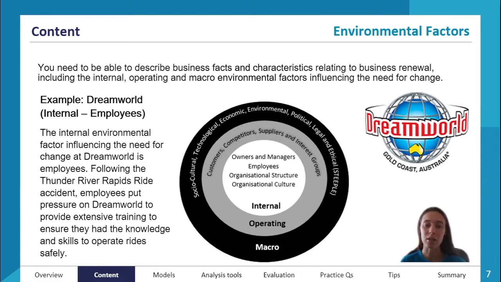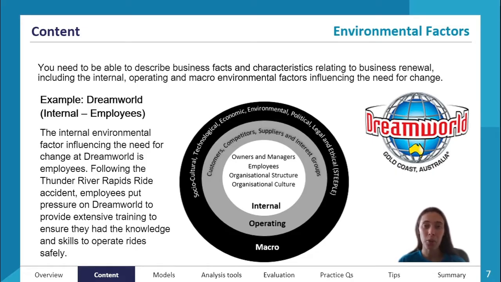Operating is those things that are going to impact the way that it functions. So they're not inside the business as such, but it directly impacts operations. Customers, competitors, suppliers, and interest groups just refers to any other parties that are going to be affecting that operating side of things, who are stakeholders that are interested somehow.